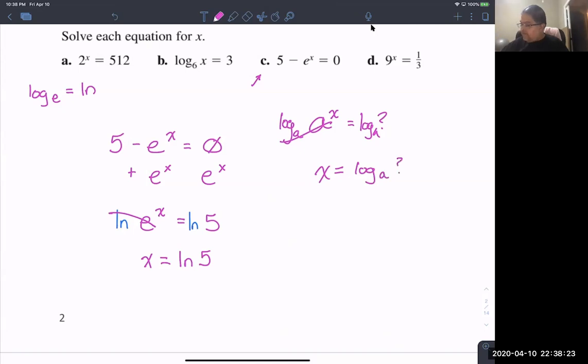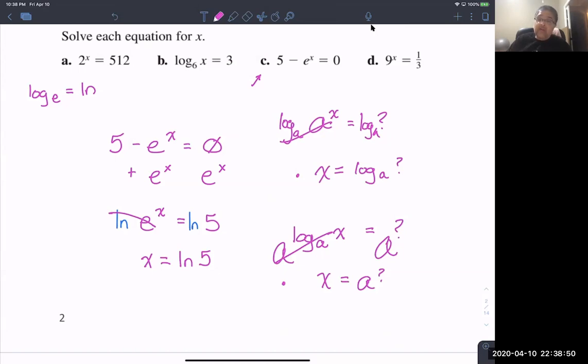And if you have a logarithm equaling a number, then you're going to make everything an exponent of the base to get the variable by itself. Okay. So these are the two strategies you're going to use. That's if you can't make everything the same base.